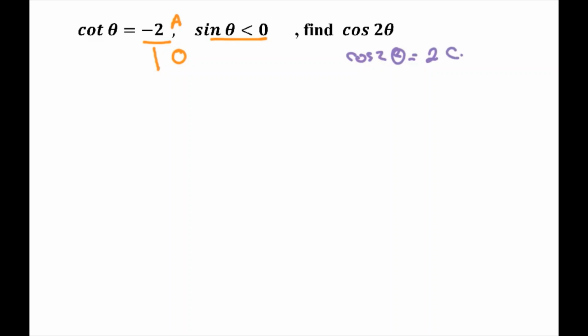I'm going to use 2 cosine squared theta minus 1. Now I need to find cosine theta. First of all, I can create a triangle. This is theta. Adjacent is 2, opposite is 1. I need to find the hypotenuse.